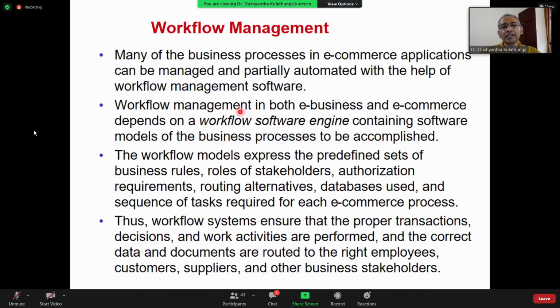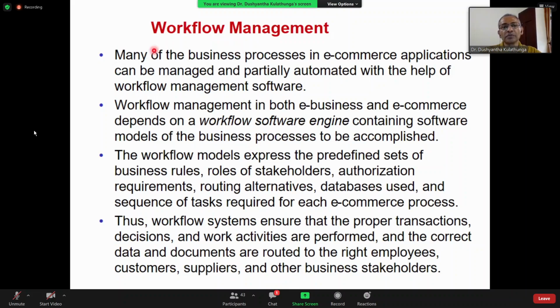This is the backbone of the workflow management software, which contains models of business processes.